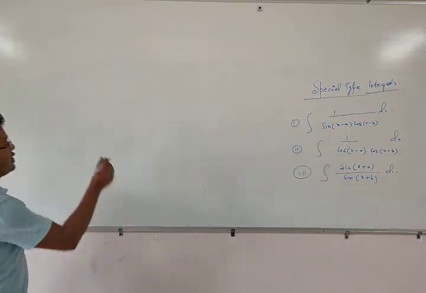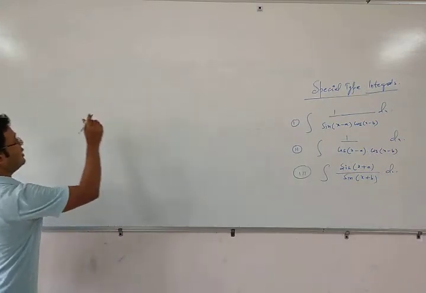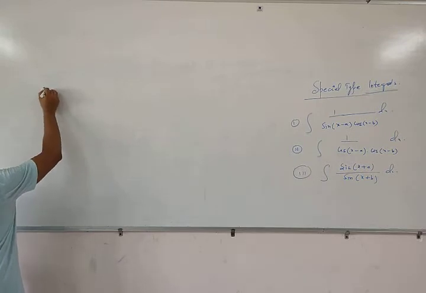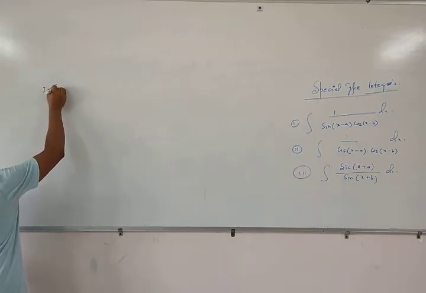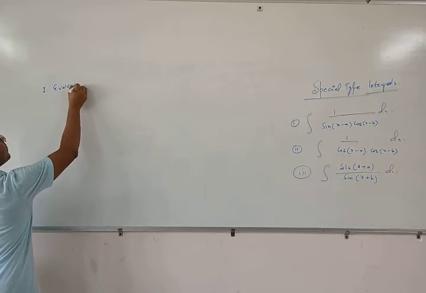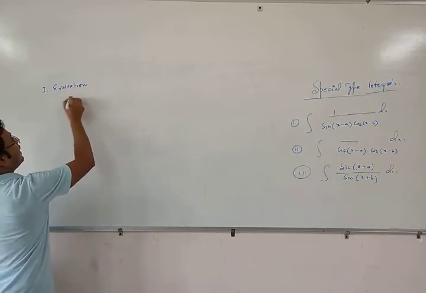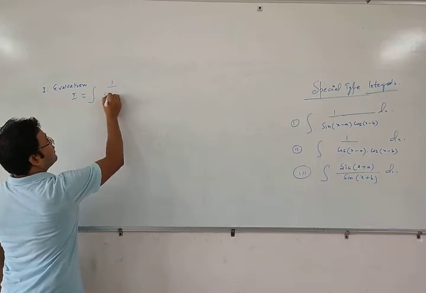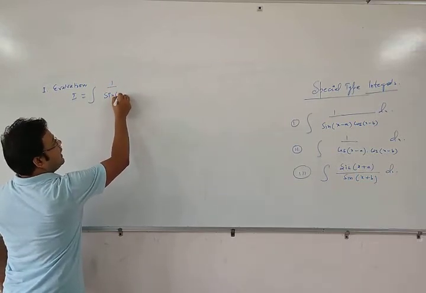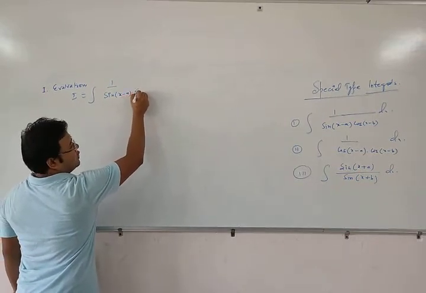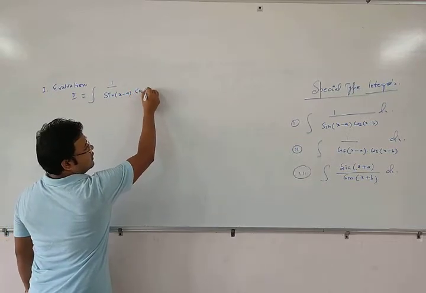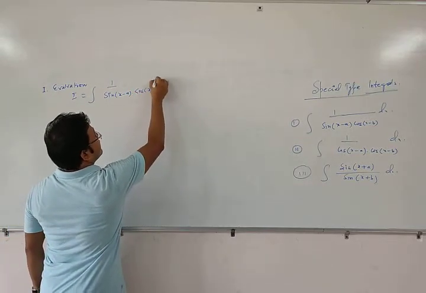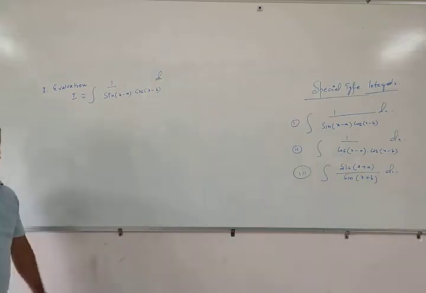I can take the first example, number one, evaluation. I is equal to the integration of 1 upon sin(x minus a) into cos(x minus b) with respect to x.